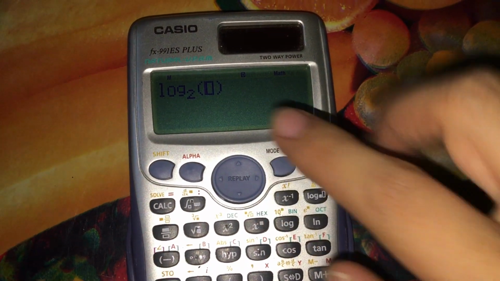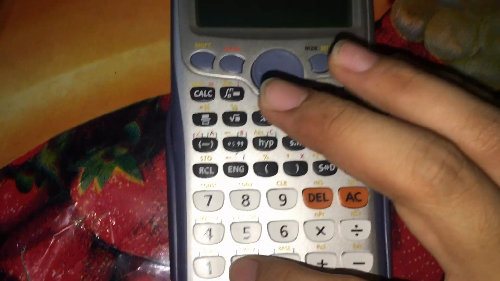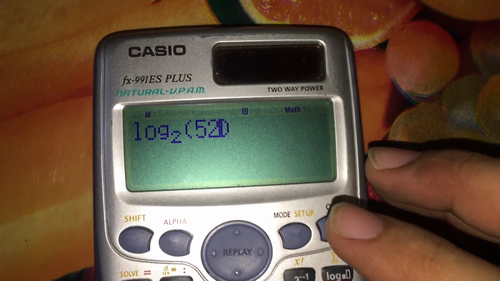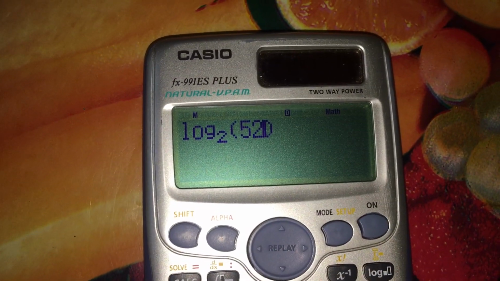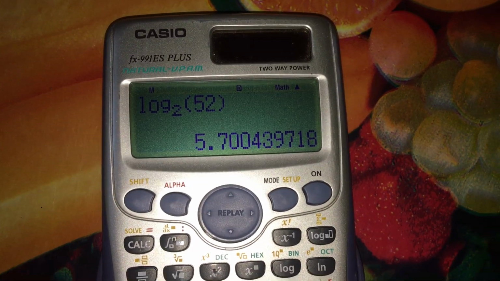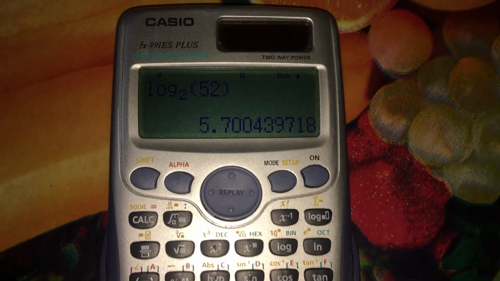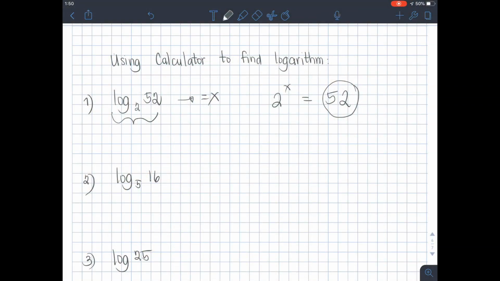Tapos dito, dun sa may parenthesis, yan natin ilalagay yung power, which is 52. Okay? So, log of 52 base 2. Equate natin. So, press equal sign. We have 5.7004 or approximately 5.7. Okay? So, therefore, our answer here is approximately 5.7.